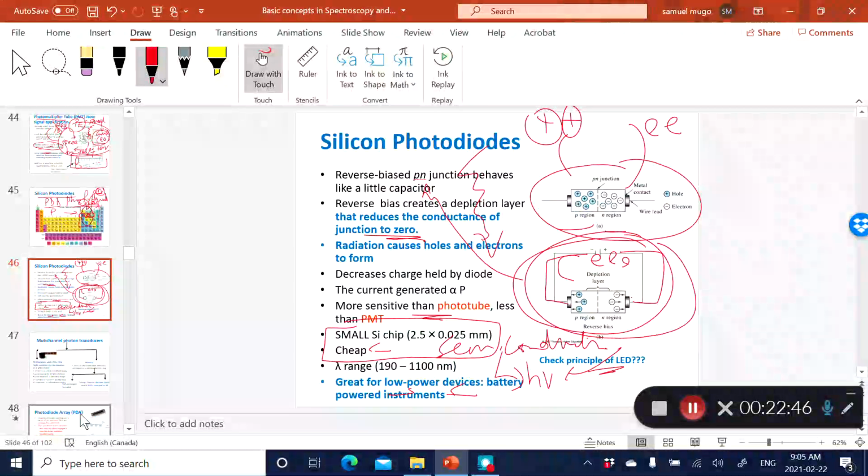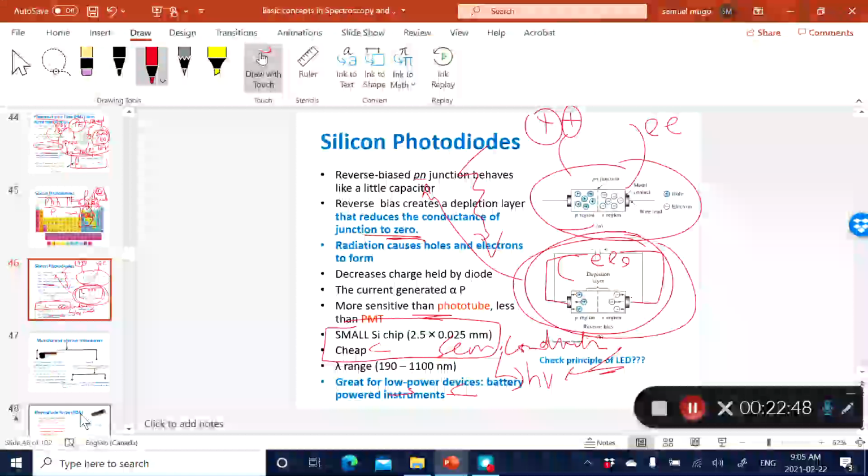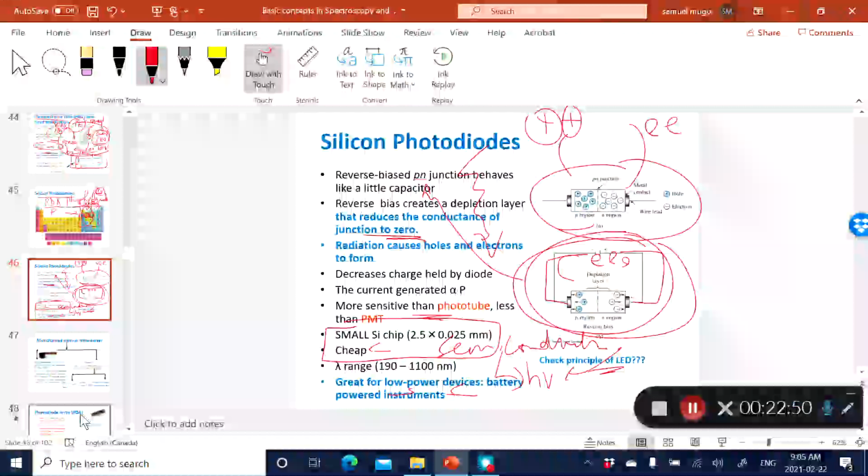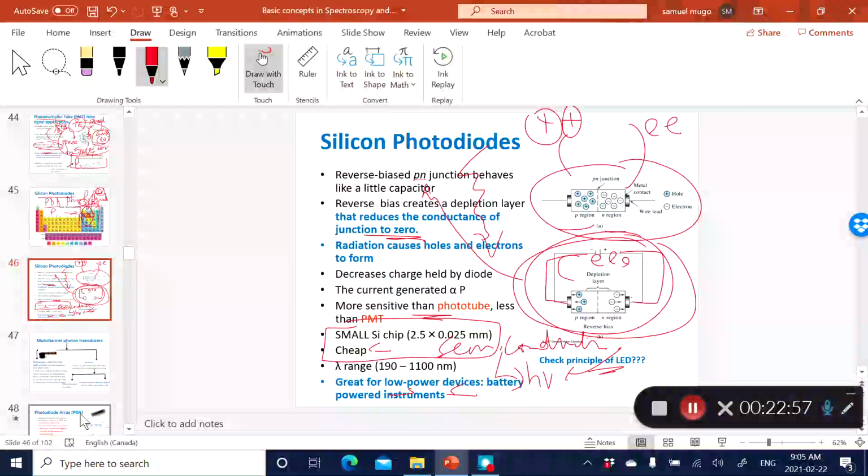So be able to explain the advantages and the disadvantages of some of these components. In fact, in an exam setting, I can ask you to build a spectrometer justifying every component that you use for a certain purpose.